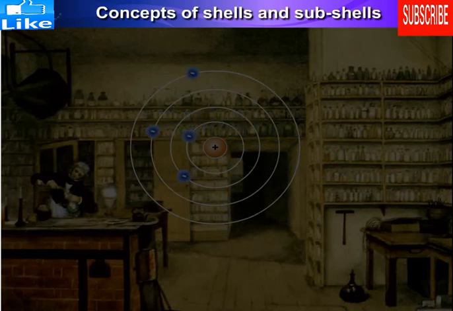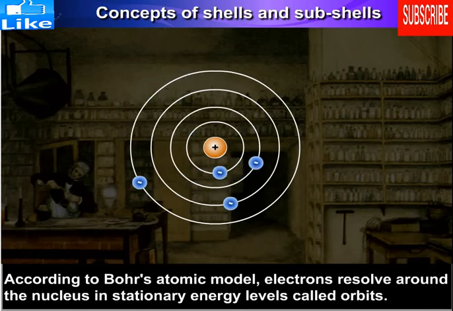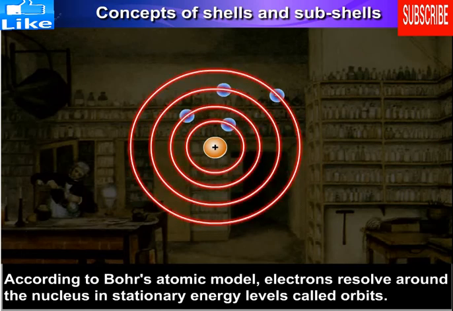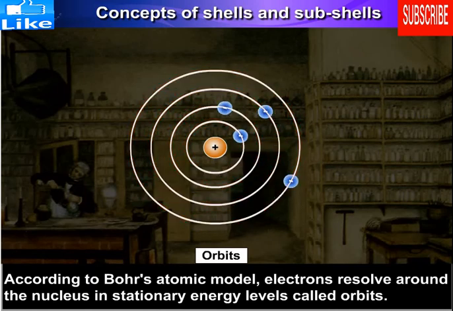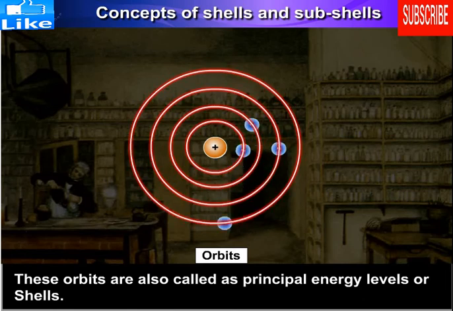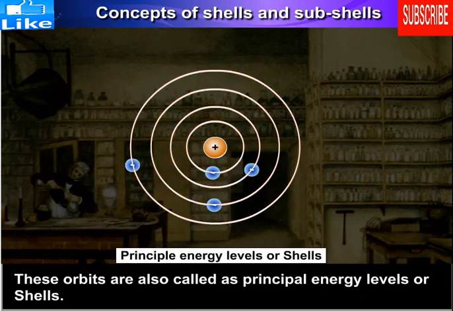Concepts of shells and subshells. According to Bohr's atomic model, electrons revolve around the nucleus in stationary energy levels called orbits. These orbits are also called principal energy levels, or shells.